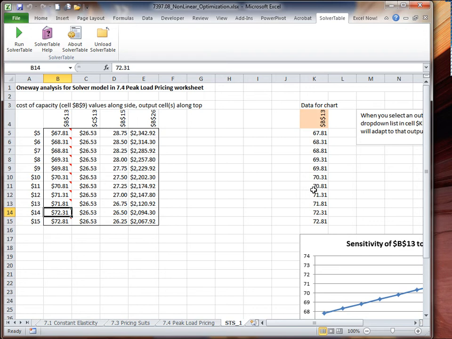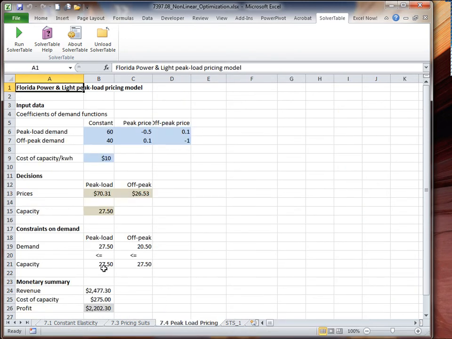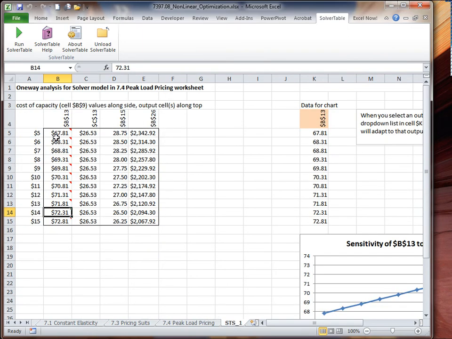the real answer, I think, goes back to the fact that your peak load price establishes the capacity that you need, right? If you're trying to maximize profit, you maximize profit when you sell exactly as much peak load electricity as you have capacity to generate that peak load electricity. So when you look at the solver table solution, that's just bearing that out.